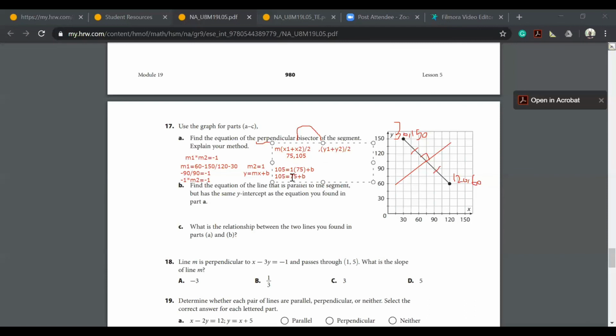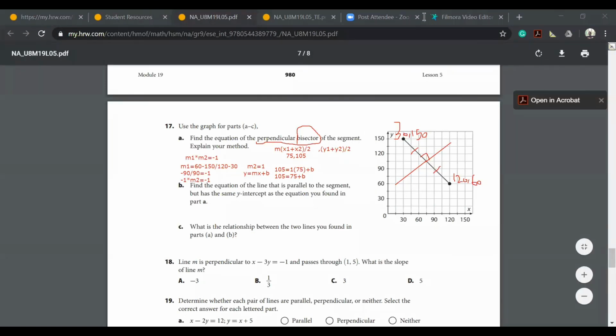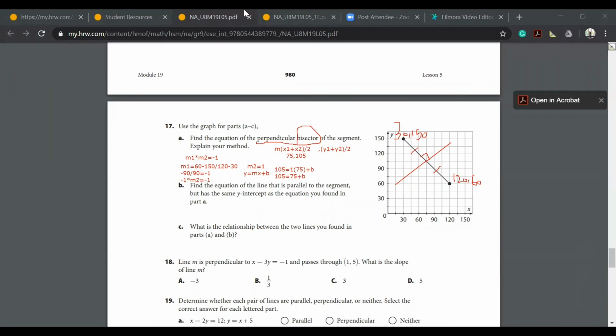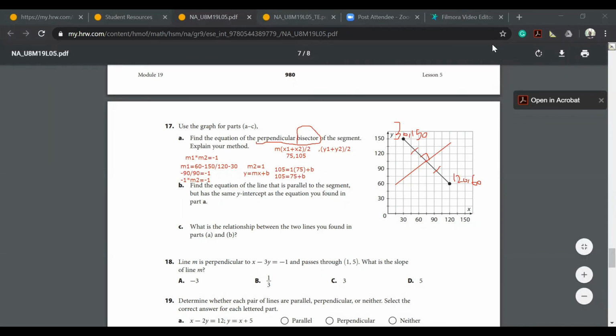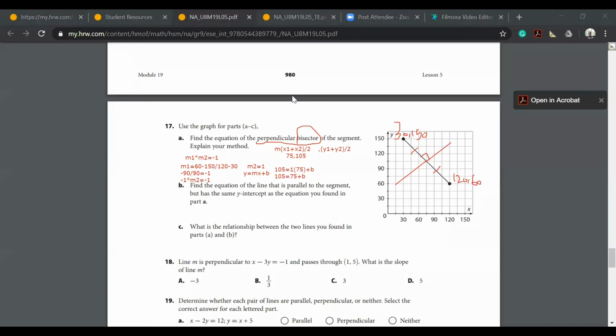And then you are going to subtract the 75 from 105 to find the b, which is going to give you the answer of 30. So actually b will be 30.